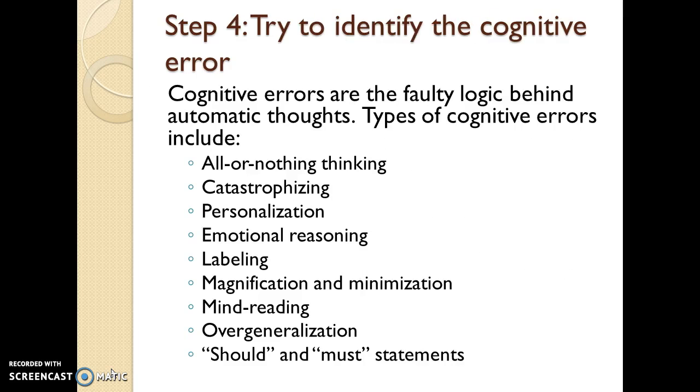This is where you try to identify the cognitive errors that were behind your automatic thought. Cognitive errors are the faulty logic behind our automatic thoughts, and there are lots of different types of them, and we all do them. The key is to recognize them and be able to correct them when they're making us feel bad. So there are lots of types of cognitive errors, which include all or nothing thinking.